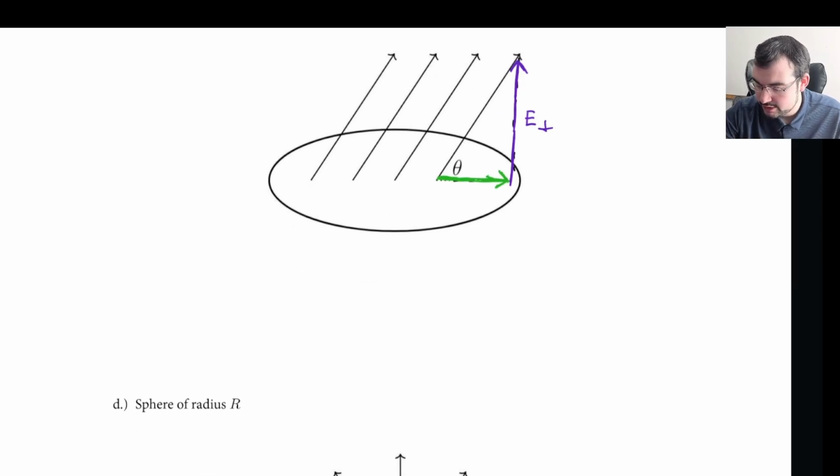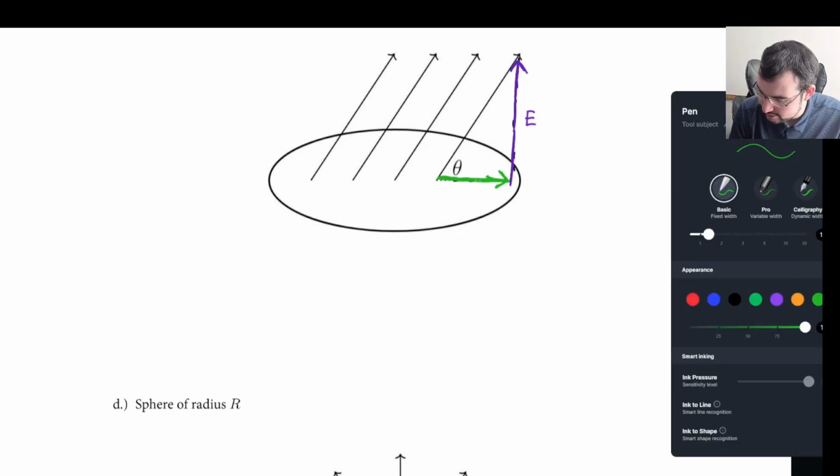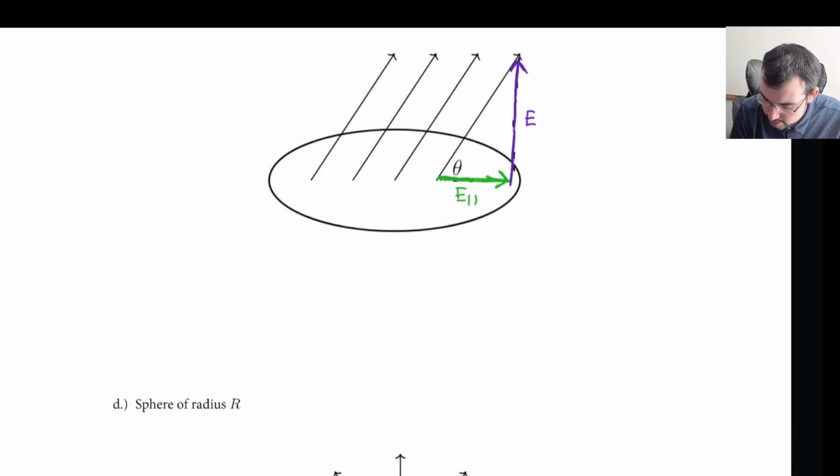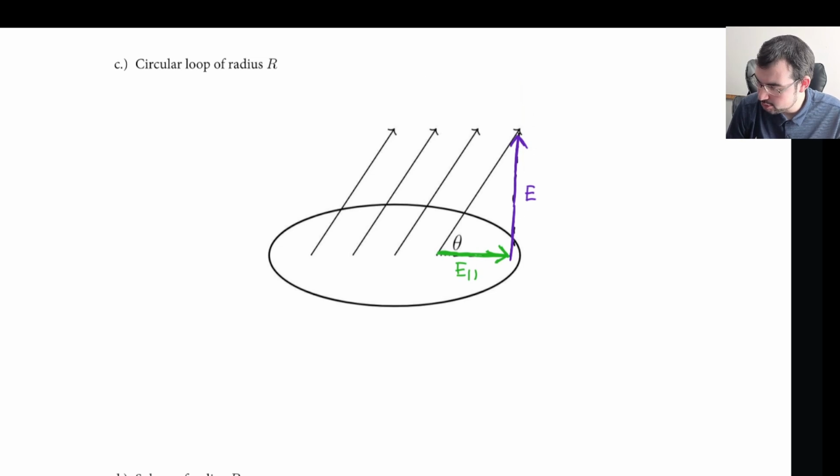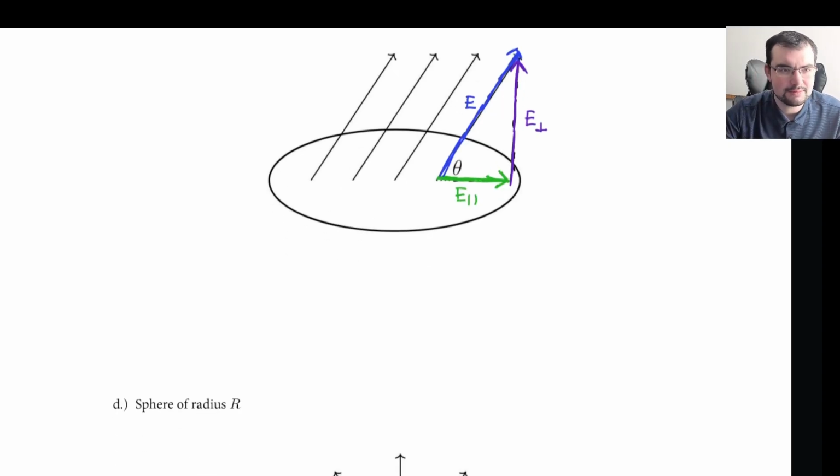And if we just look at our diagram here and how the theta is defined, we see that E perpendicular is the opposite side of our triangle. So this whole thing is the hypotenuse, and again, you can't have a larger field than E. Your perpendicular isn't going to be larger than the actual field magnitude.